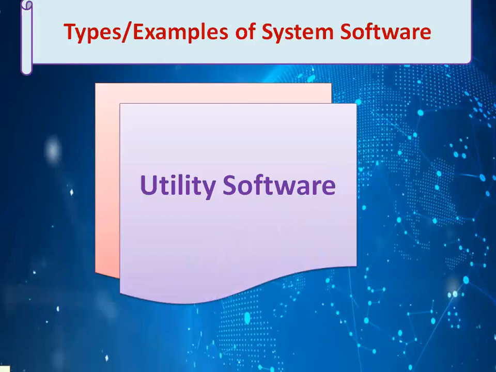Utility programs, or utility software, are a type of system software used for effective management of the computer system. The user can use utility programs to perform maintenance tasks related to different devices and programs.